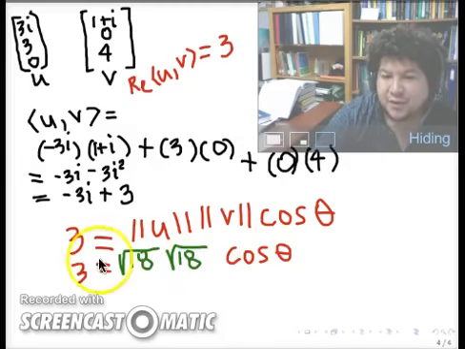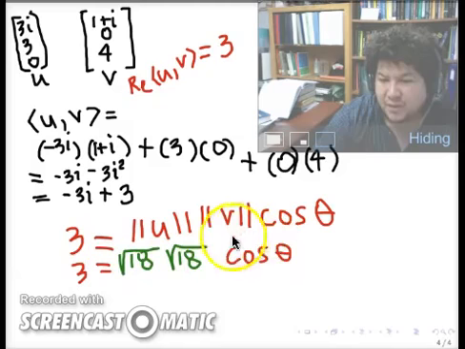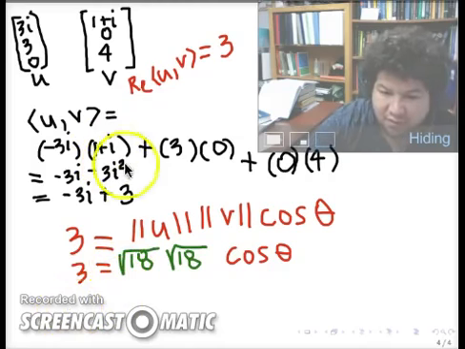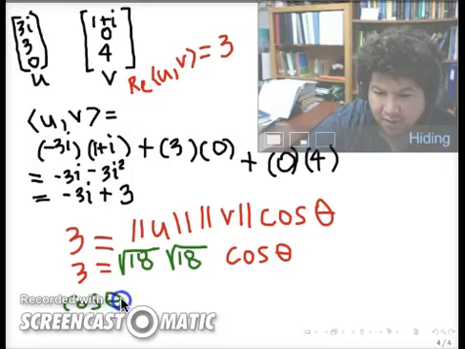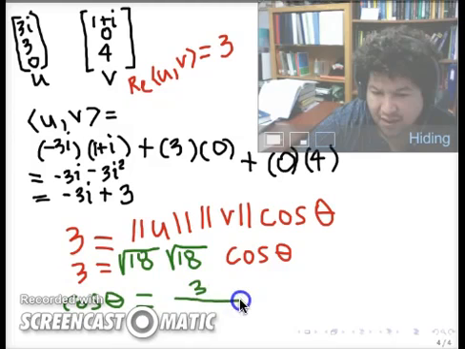The only thing that's unknown in this expression is cosine of theta, and you can very simply solve for it. I'm going to write cosine of theta on the left. This would be 3 divided by the square root of 18 times 18.